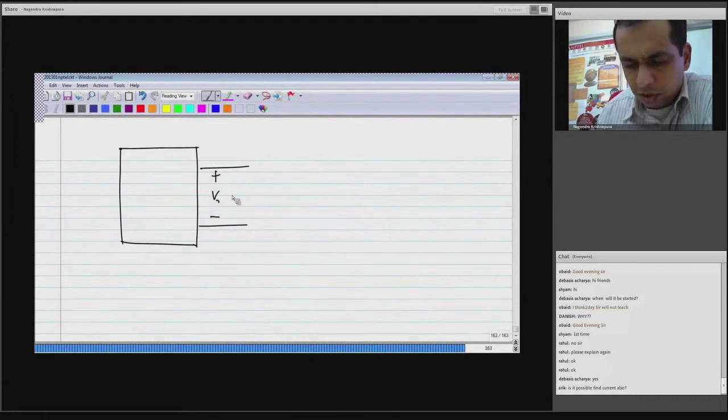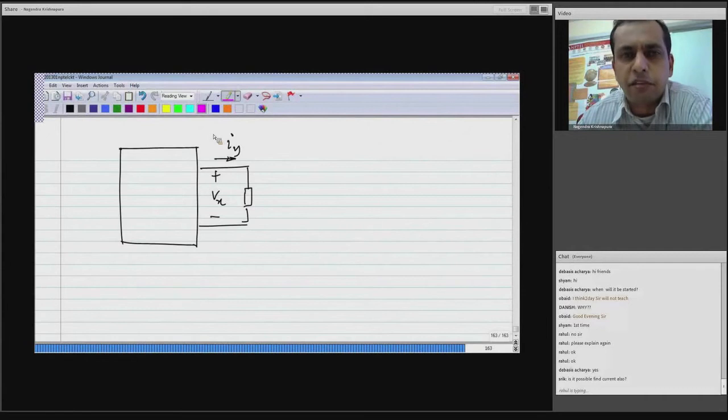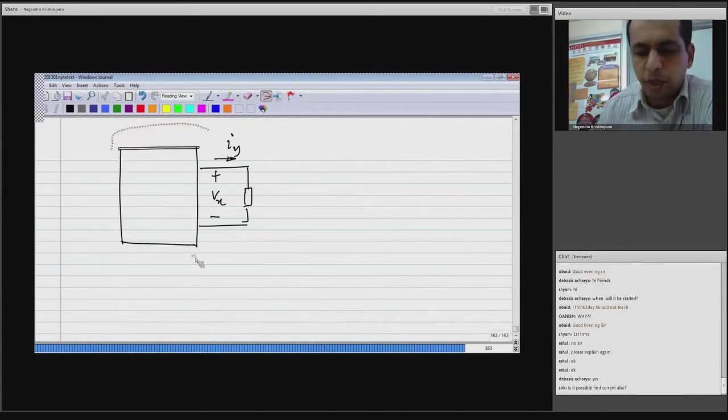Let me call this Vx, and then there is a certain branch, and that is Iy or something. Now if this circuit is linear, then this Vx and Iy, any of these quantities, can be found from superposition. That is, any branch voltage or any branch current can be found from superposition. That applies to any quantity that you would like to find.